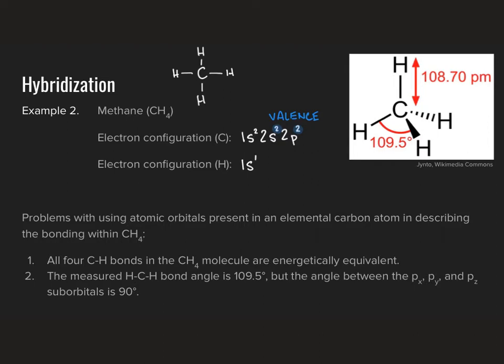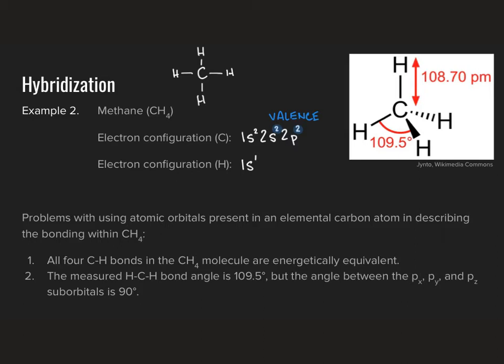Now, if we have a look here and think about our bonding model as suggested by the Lewis dot structure, we're going to come up with a couple of problems as we look at this model. In particular, we have trouble figuring out how we're going to cause an overlap of these orbitals, because for the methane molecule, the carbon only has 2 singly occupied orbitals in that 2p position.